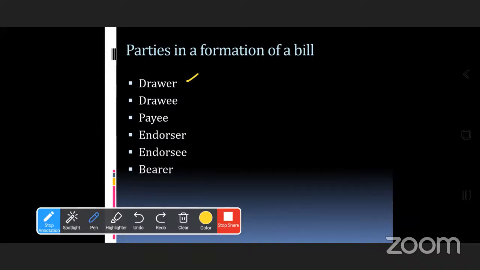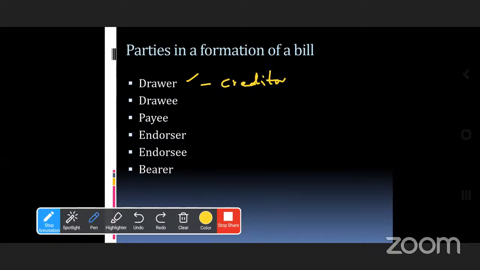A drawer is an individual who makes the bill or issues the bill or composes the bill of exchange. Likewise, in bills of exchange, after the sale of goods, the drawer will be making the bill. But here, there may not be any sale or purchase of goods in the accommodation bill. This individual is known as the creditor or seller. The drawer here we will be calling the creditor.